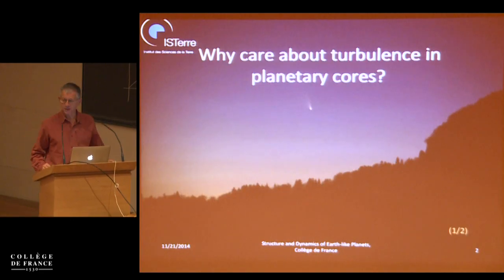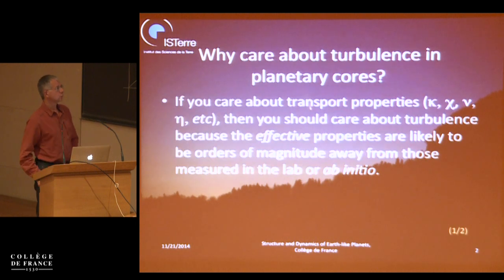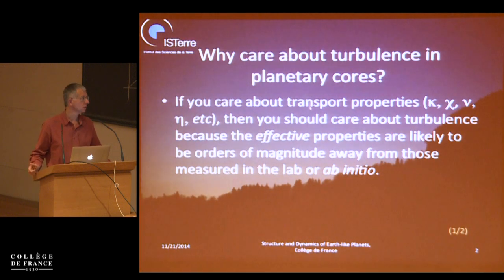So why should we care about turbulence in planetary cores to start with? I think there are several reasons. One is that if you care about transport properties like thermal diffusivity, chemical diffusivity, viscosity, magnetic diffusivity, and so on, then probably you should care about turbulence because the effective properties are likely to be orders of magnitude away from those measured in the lab or in ab initio computations.